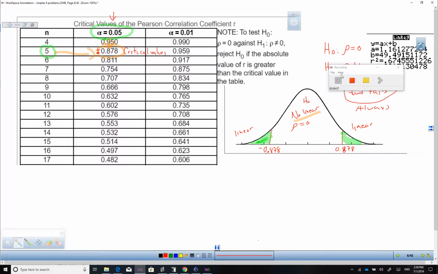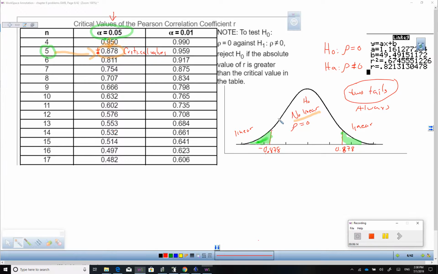With these critical values, we sketch a distribution like a normal distribution. The null hypothesis states that there is no linear relationship. We assume that there is no linear relationship, and the alternative hypothesis is that there is a linear relationship. This is a two-tailed test because the alternative hypothesis has this symbol.